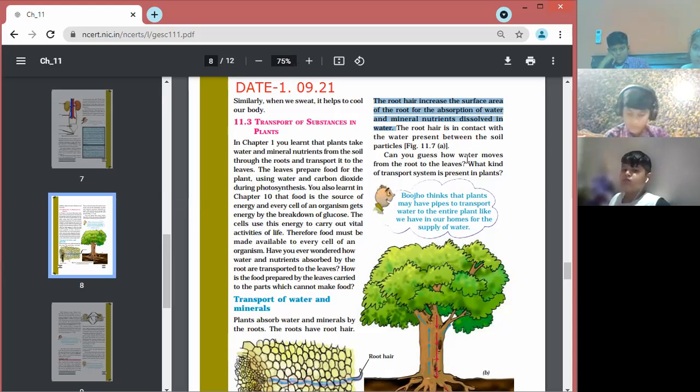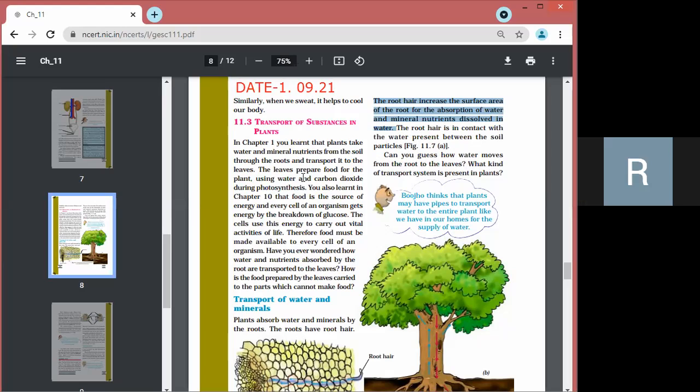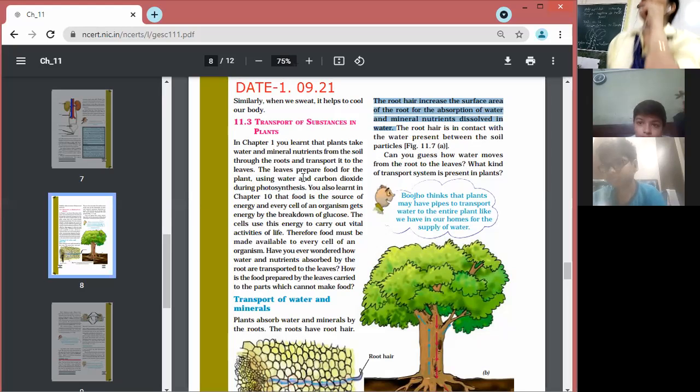Can you guess how water moves from the roots to the plant? Plants have a proper vascular system, a system of tissues through which they move water from one place to another. Children, see, I have drawn a diagram of a tree on the board, and I have put arrows.